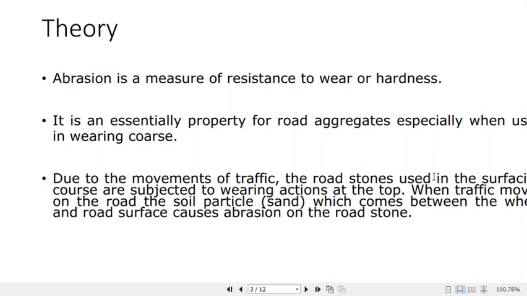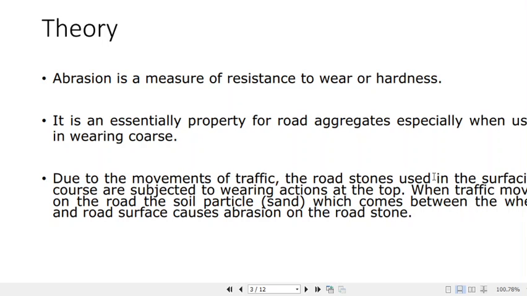Apart from this, whenever vehicles move over the road, in the bottom layer also, the aggregates in road construction are held together with the help of the interlocking property.